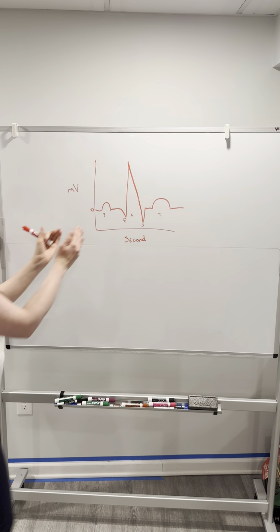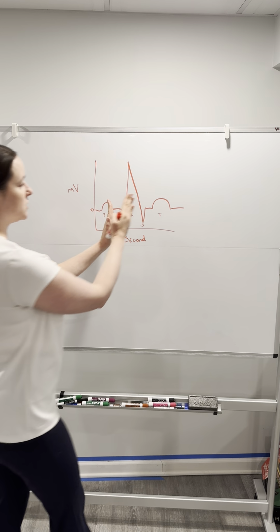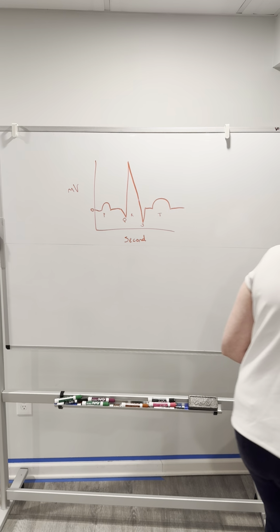The P to R interval is from the beginning of atrial excitation to the beginning of ventricular excitation. And the Q to T interval is the beginning of the ventricular depolarization through ventricular repolarization, so relaxation.